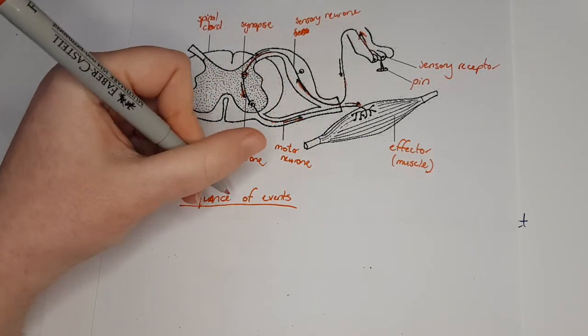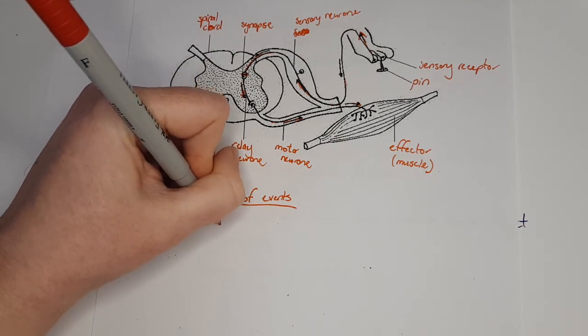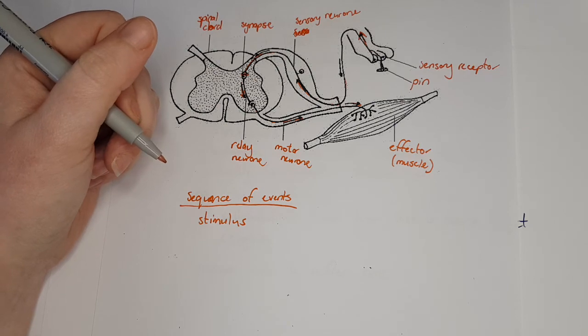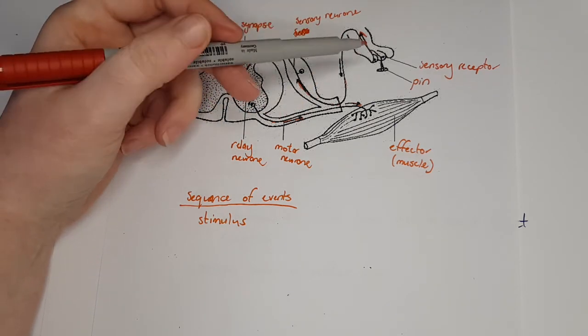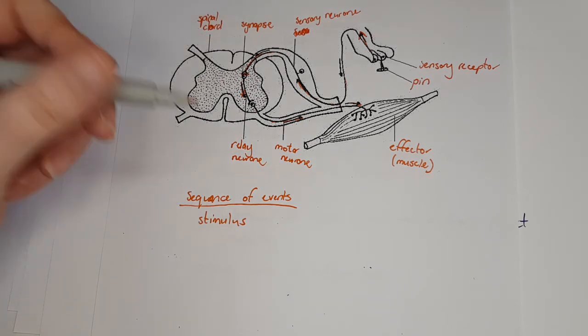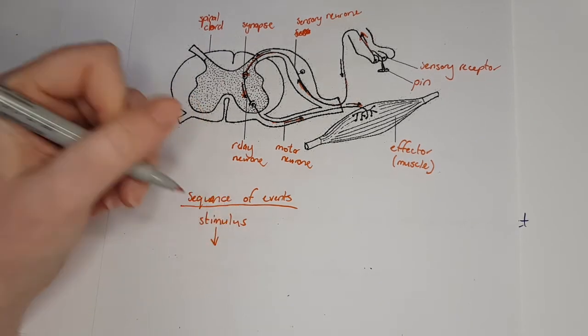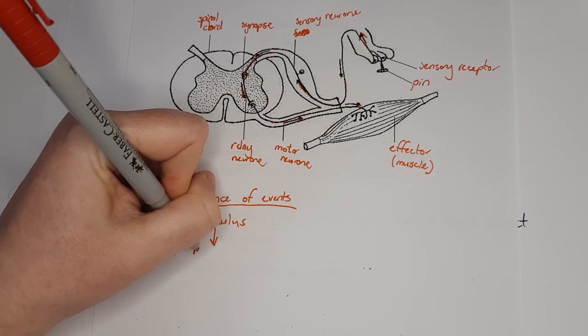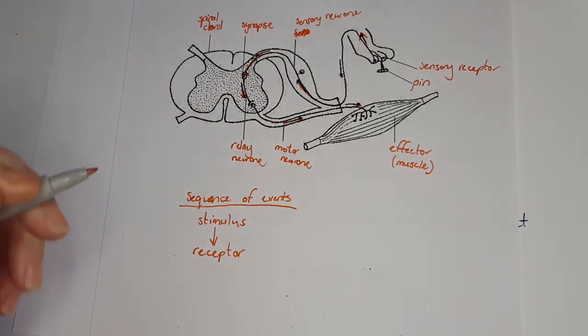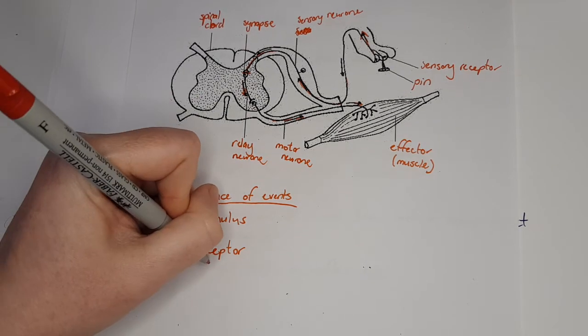You are going to have a stimulus. Okay, so that could be anything. Like I said, this example is specifically of a pin, but don't forget there is lots of other reflexes that can occur. From the stimulus, okay, it's going to reach a receptor. So that's the thing that's going to pick up the stimulus.